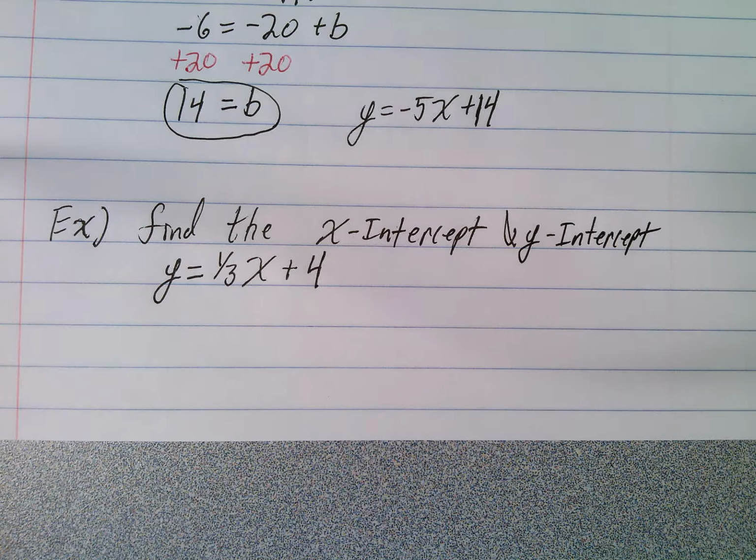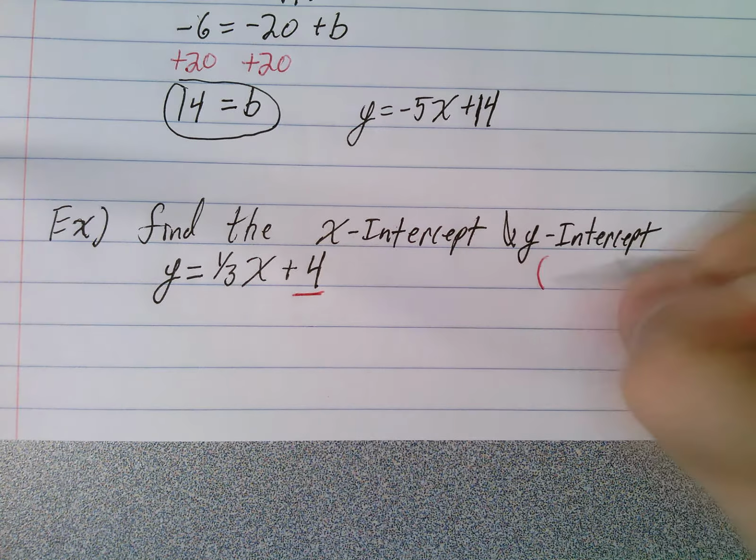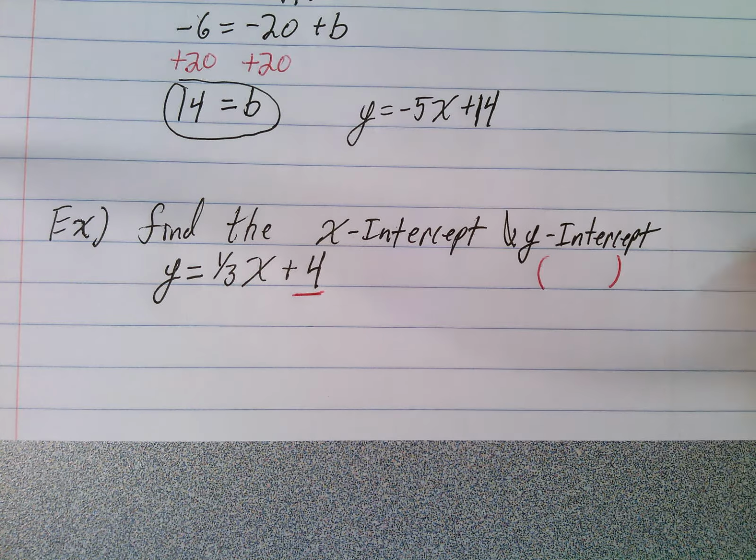Good. Proud of you. How do you find the y-intercept? How do you find the y-intercept? What form is this written in? It's in slope-intercept form already. So what's my intercept? Antonio? 4. Is that my x or my y-intercept? It's my y-intercept. So this 4 just tells me that my y-intercept is where?